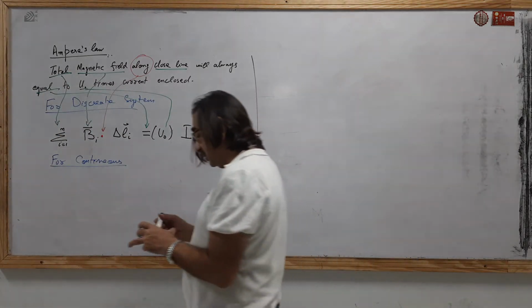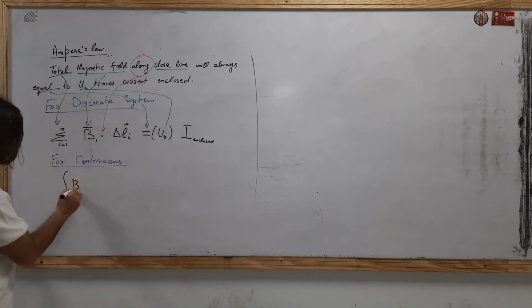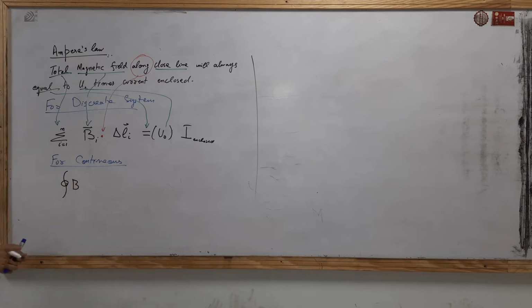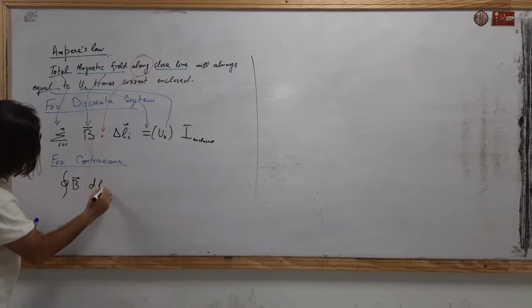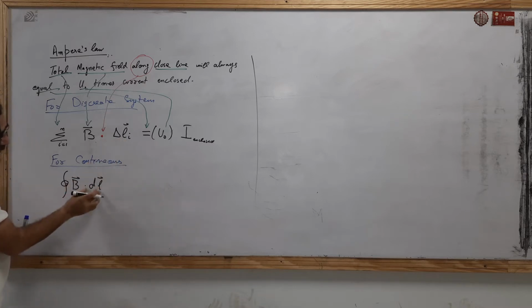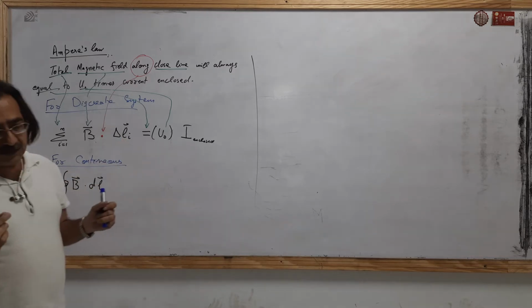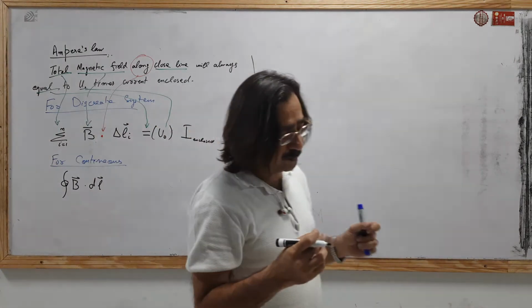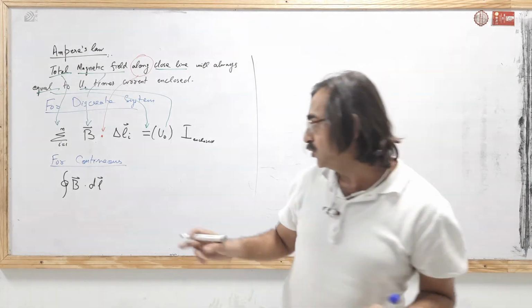So the summation will be replaced with an integration, and the closed line will be represented by this circle on the integral, B dot dl. Not delta L i, but dl, because when we localize it, delta L is replaced with dl. The indices are removed because the infinitesimal segments behave identically, so there are no indices.